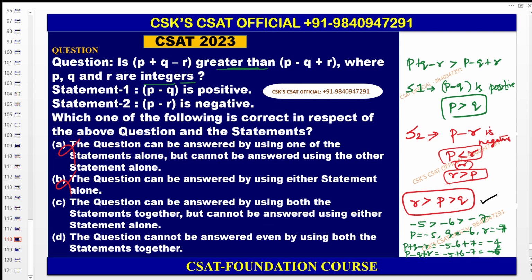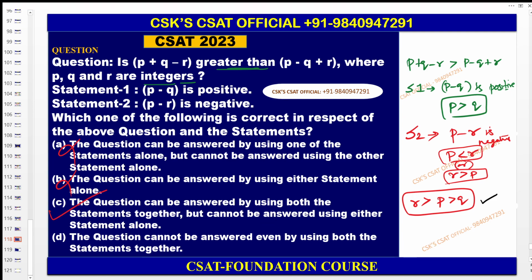Now you tell me whether you are able to answer the first one: P plus Q minus R is greater than P minus Q plus R. You are able to answer, right, whether it is greater or smaller. So with the examples, whatever the example, you can answer.